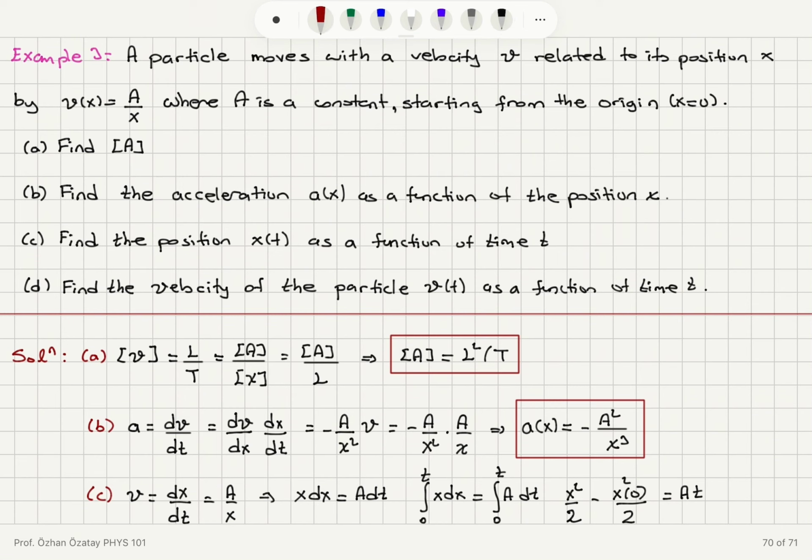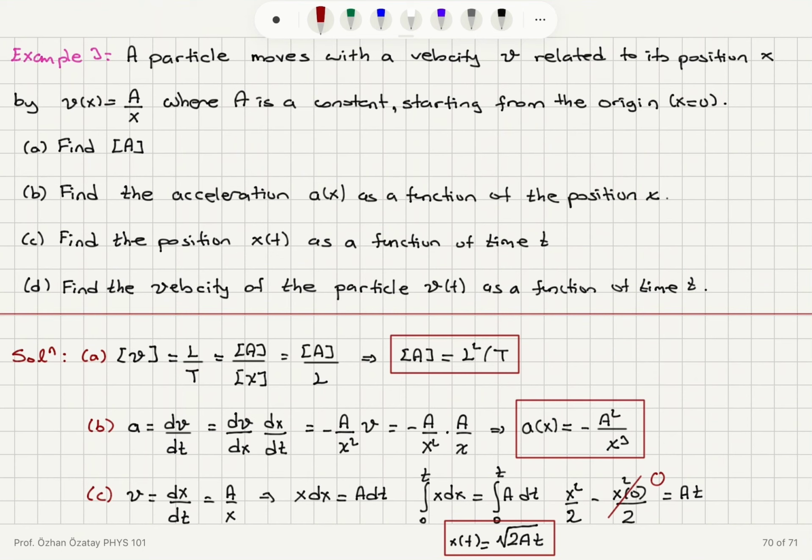Well, this x0 is going to be 0 because I'm starting from the origin. The motion starts from the origin, so I can see that x of t is square root 2at. So the position can be written as a function of time.